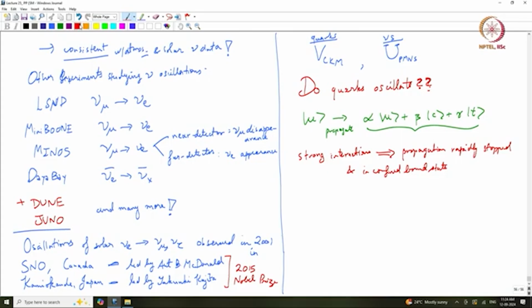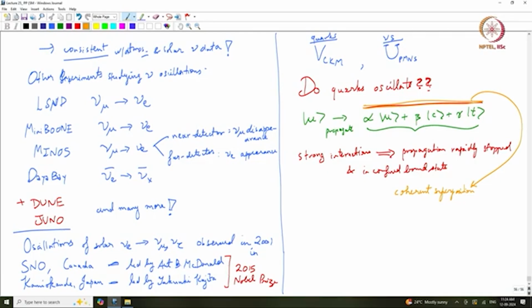Another way to think about this is, if you write the superposition in this way, this is a coherent superposition, and if this combination is propagating, it better stay a coherent superposition, right.